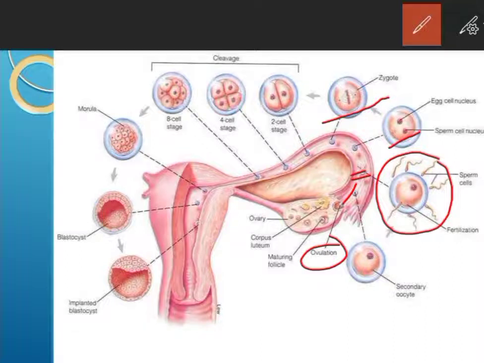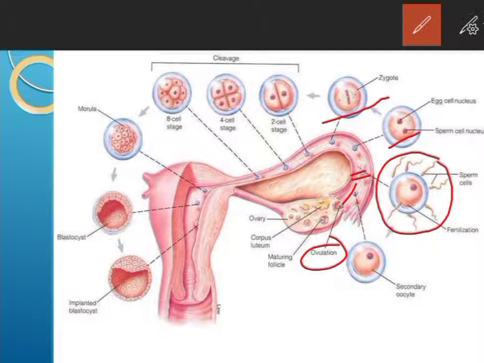The mitotic division starts as the zygote moves through the isthmic ampullary junction of the oviduct towards the uterus, forming 2, 4, 8, 16 daughter cells, which are called blastomeres, and this stage is called cleavage.